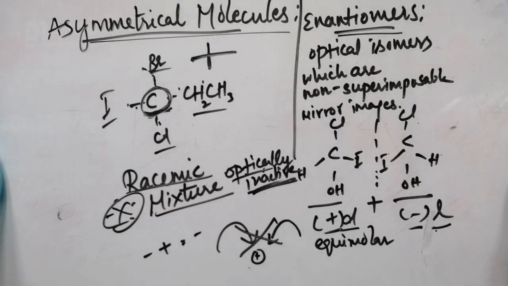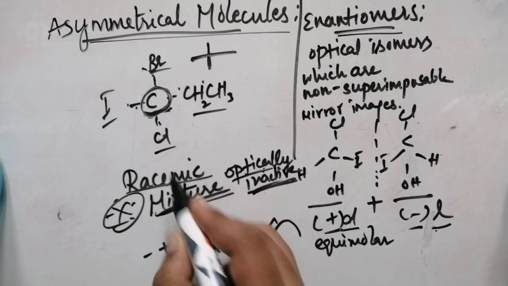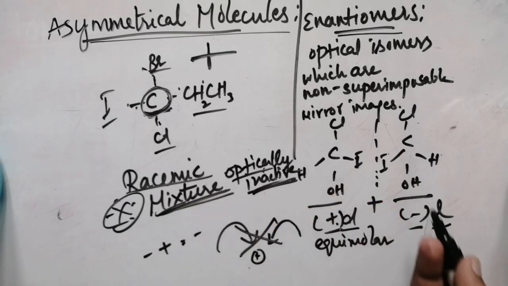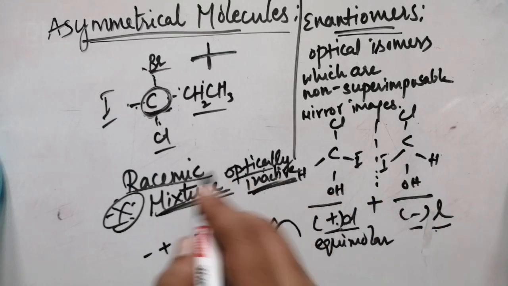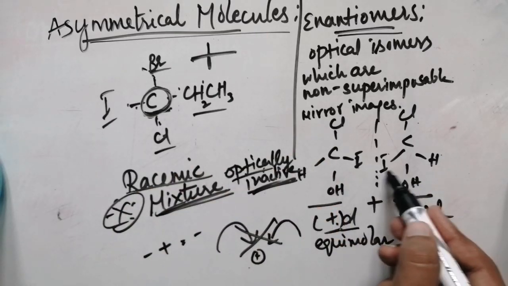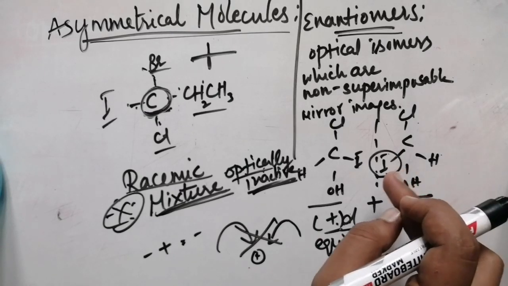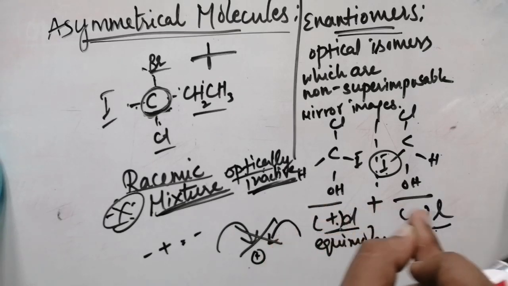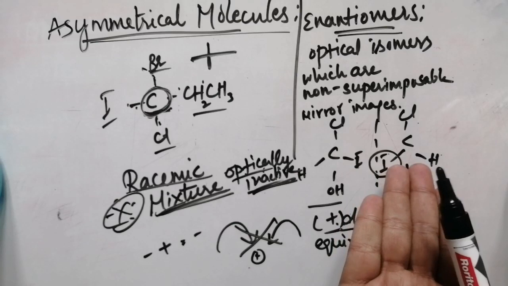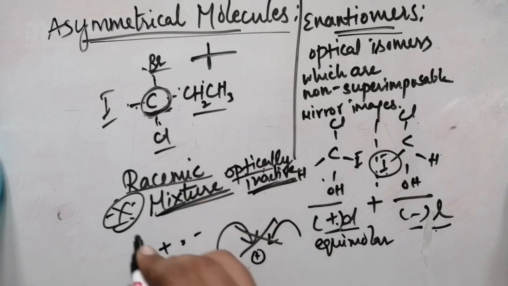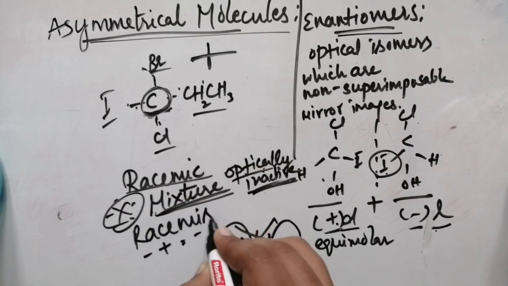The next topic to be learnt here is racemization. The process of conversion of one enantiomer to another enantiomer is called racemization. For example, if I want to convert this plus into minus, that is dextrorotatory to levorotatory, or levorotatory to dextrorotatory, then that process is called racemization.